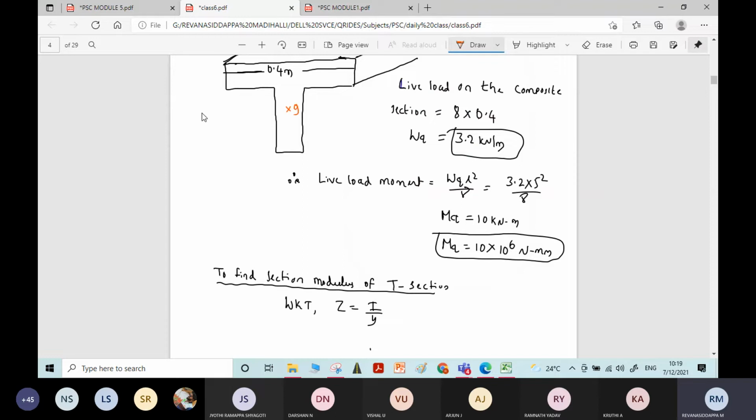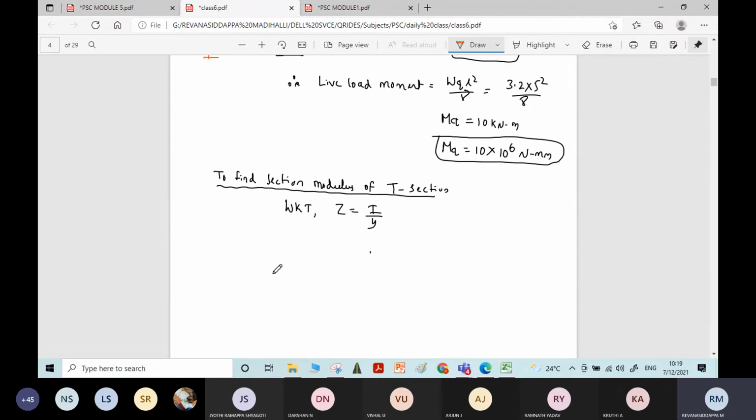I'll write the centroidal axis here. What we will do, we will find distance of centroidal axis from bottom fiber. YB we will find.